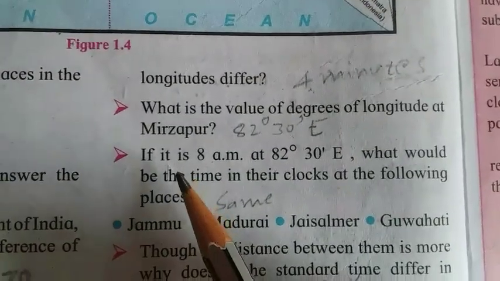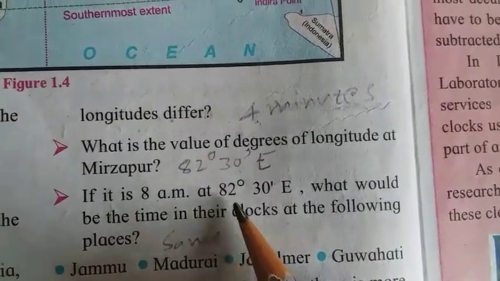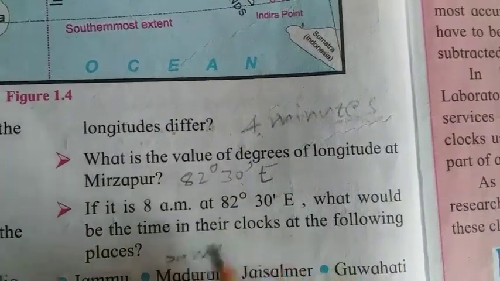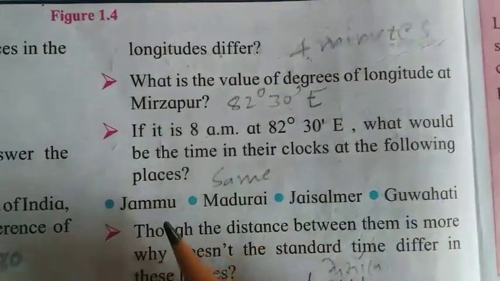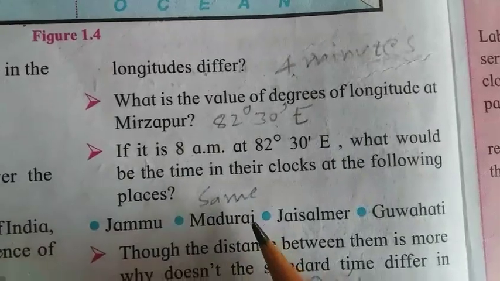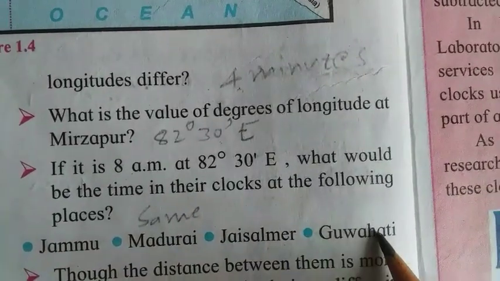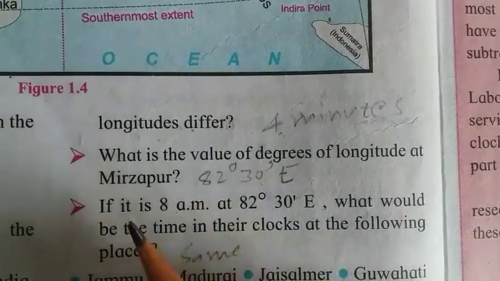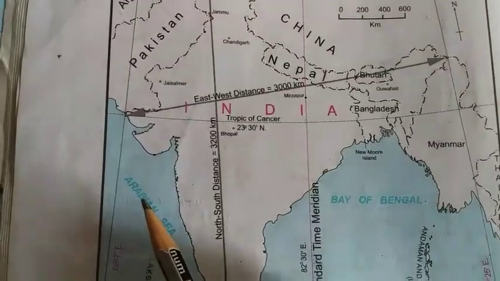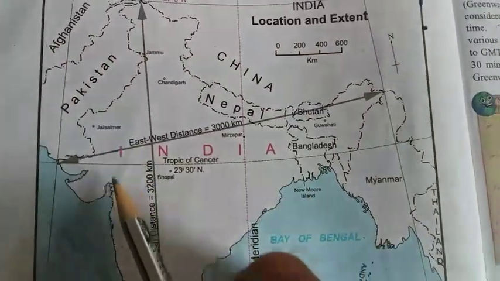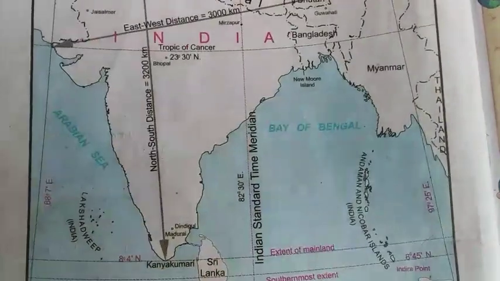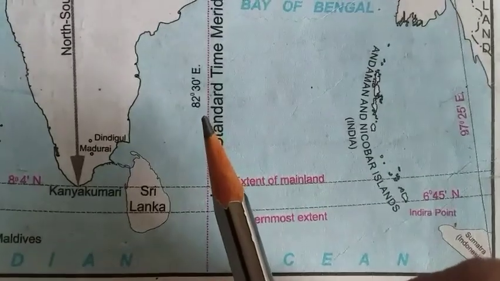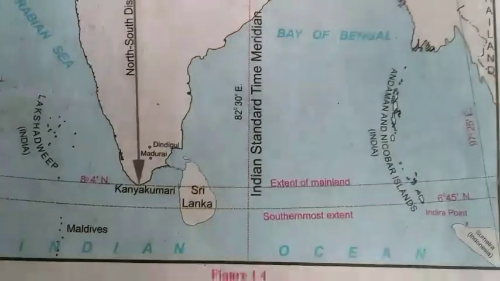And therefore, if it is 8 am at 82 degree 30 minute east longitude, the time in their clocks at the given places, these are Jammu, Madurai, Jaisalmer, Guwahati, will be the same, that is 8 am. Even though these places are located on different longitudes, their standard time will be the same as the local time of 82 degree 30 minute east longitude.